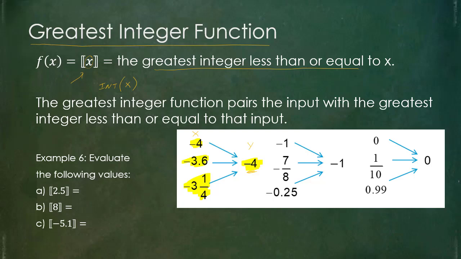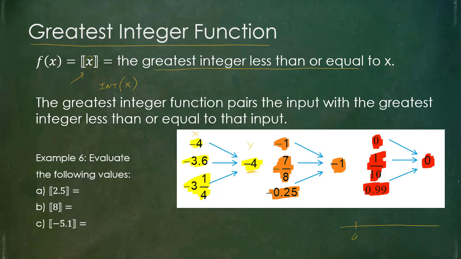If I did a similar thing with this middle one, -1, -7/8, and -0.25, if I think of the last integer before them or potentially equal to them, they would all turn into this -1. And lastly, if we look at the last one here, 0 or 1/10 or 0.99, the last integer before or equal to all of those numbers is 0. If it helps, I'll take this last example.